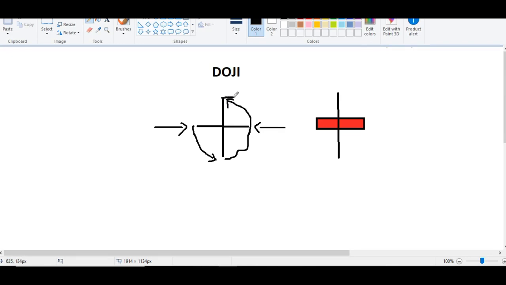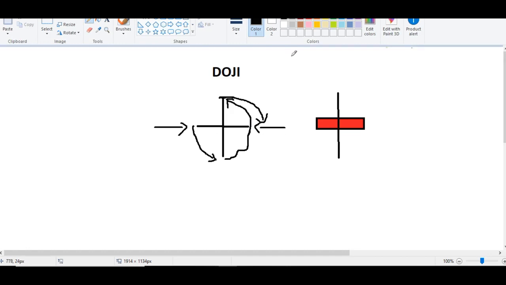Now what happens here again? Sellers come in and take price lower and close the price here, right? So you can see that there's a tug of war going on between the buyers and the sellers. There's an indecision going on, right? They're basically in a battle, trying to win the battle. But in the end, nobody has come out a winner.